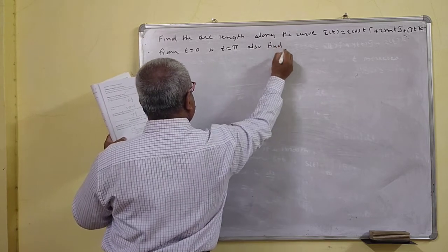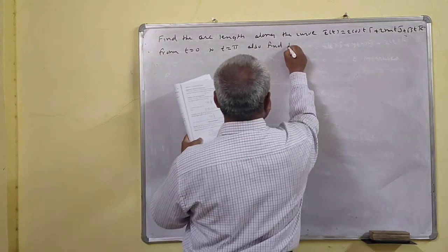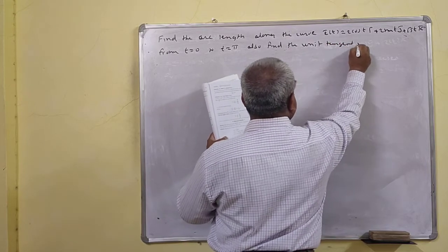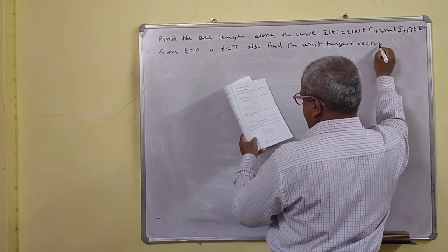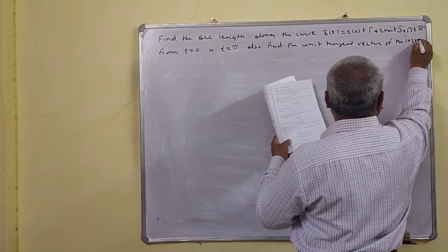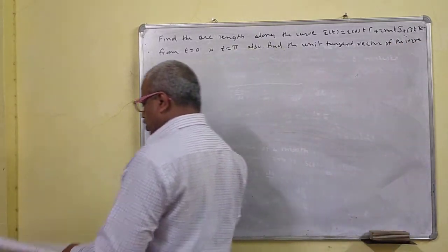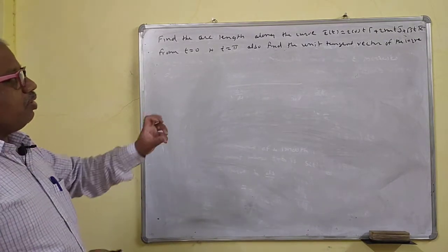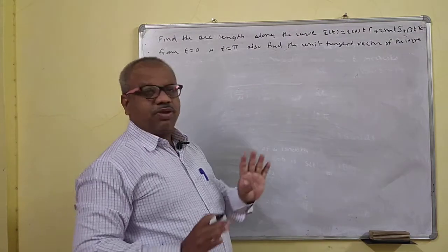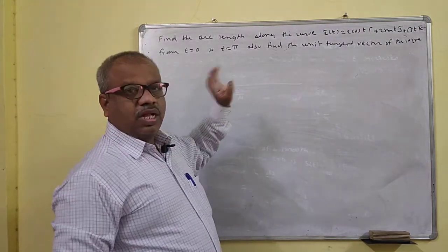Also find the unit tangent vector of the curve. To find the unit tangent vector, we are already finding dr by dt and the modulus of dr by dt, so easily you can find the unit tangent vector along with the arc length.